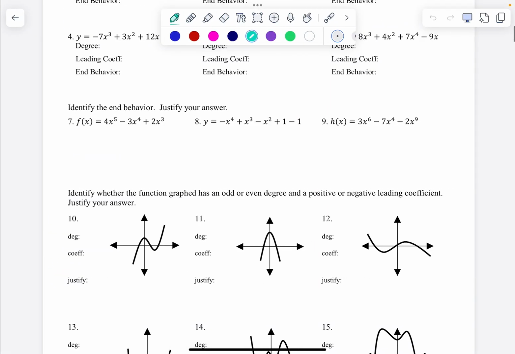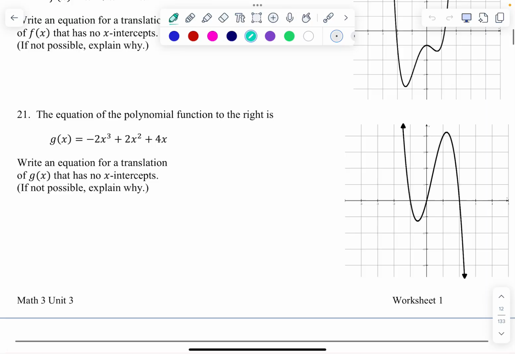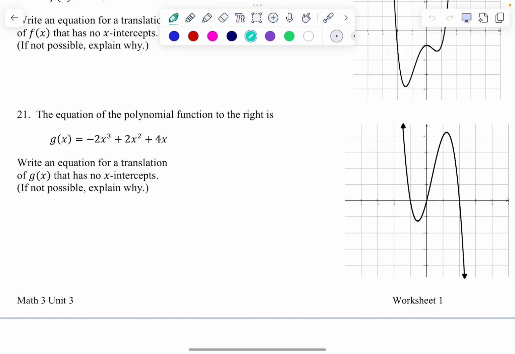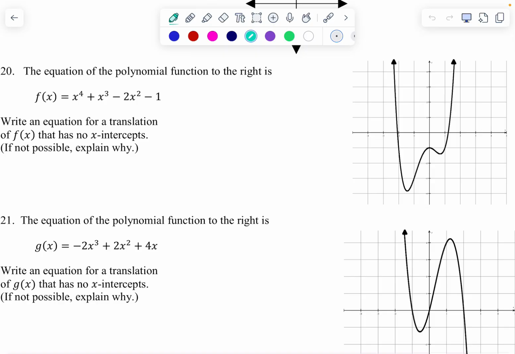All right, 21. Let's go look at that one. It says write an equation for a translation of g that has no x-intercepts. Translation means what? Yeah, like moving it either sideways or up or down. Now, if you look at 20, it might help enlighten what we're doing with 21.